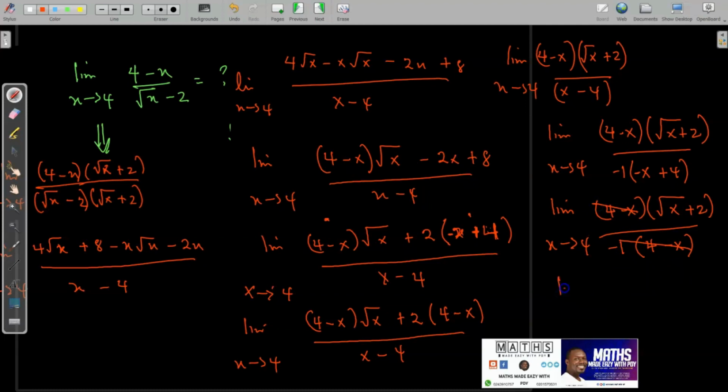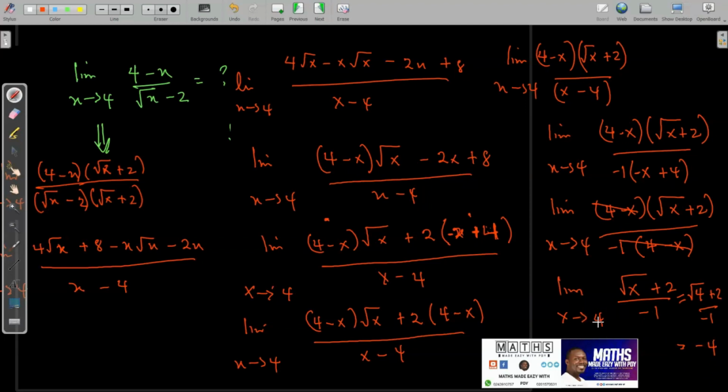And it is left with limit of root of x plus 2 all over negative 1 as x approaches 4. So at this point, you can substitute, and that will give you root of 4 plus 2 all over negative 1. So the final answer is minus 4.